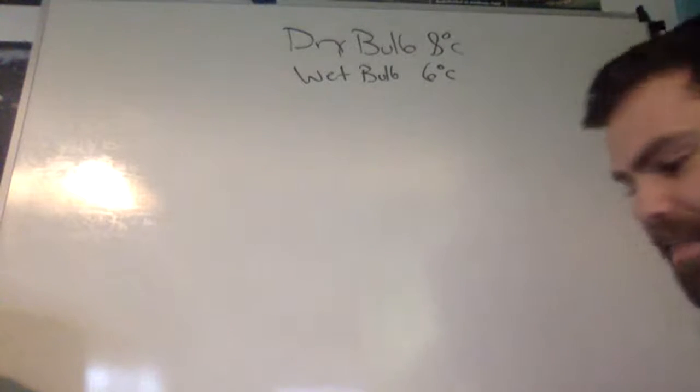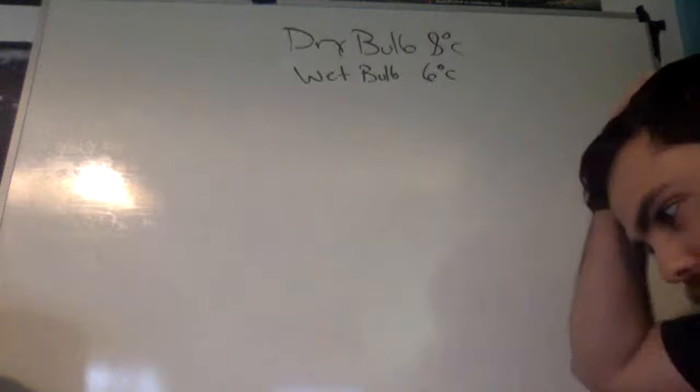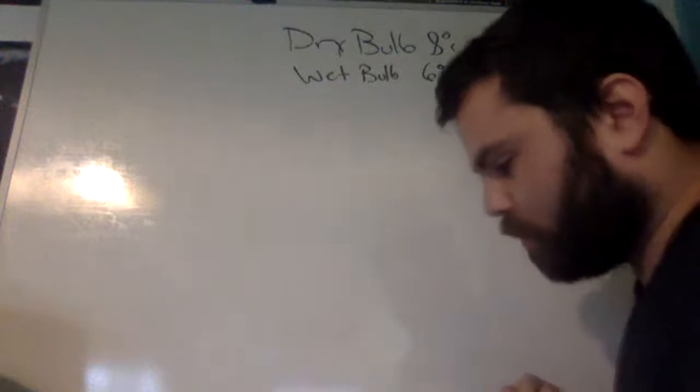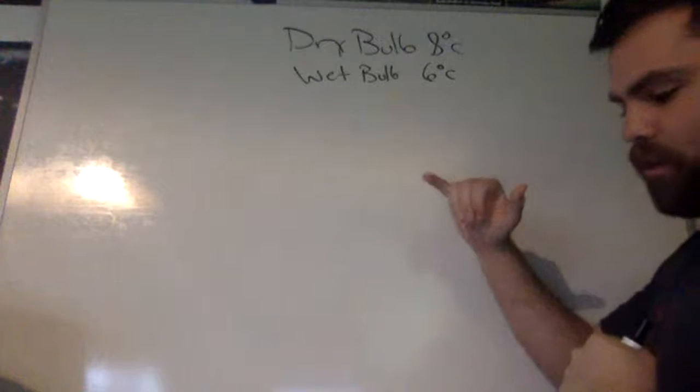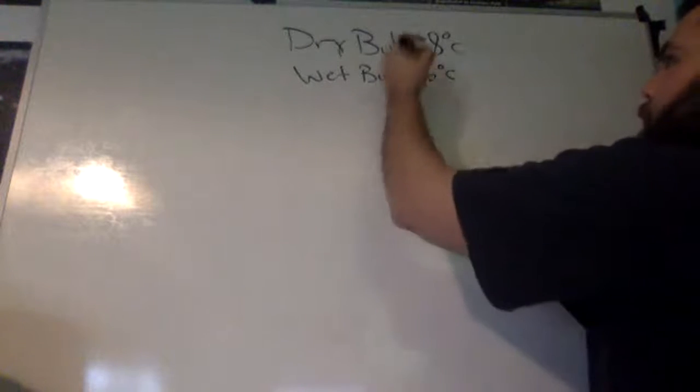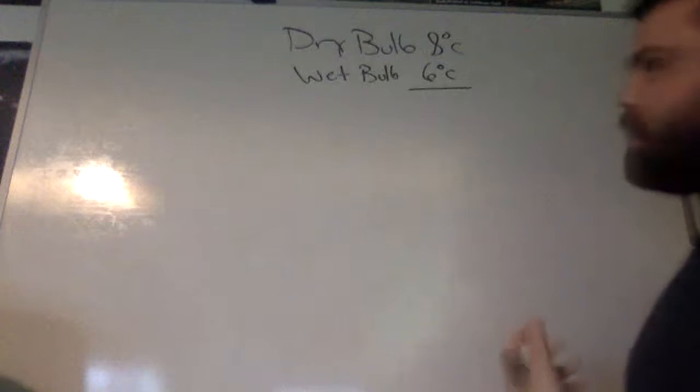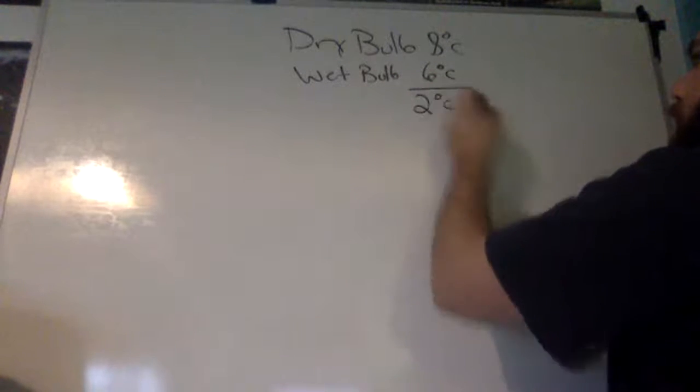They give us a blank spot for the difference between the wet bulb and the dry bulb, the dew point, and the relative humidity. To find the difference, you just subtract the 6 from the 8. So you get 2 degrees Celsius as the difference.